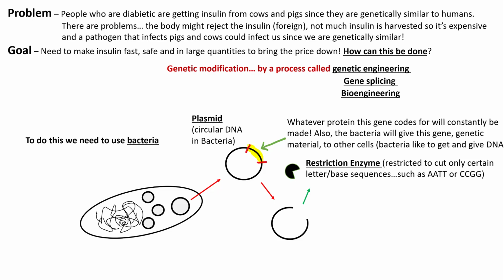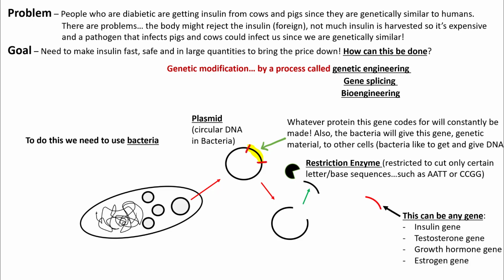With that, we cut out that little section of DNA, whatever's there will get made. We cut that out, and we put the gene of our choice. It could be the insulin, testosterone, growth hormone, estrogen, any gene you like. We put that gene in there, and we make a thing called recombinant DNA.